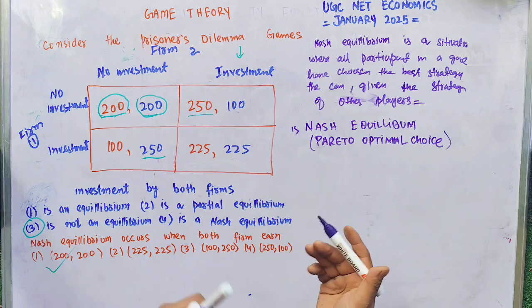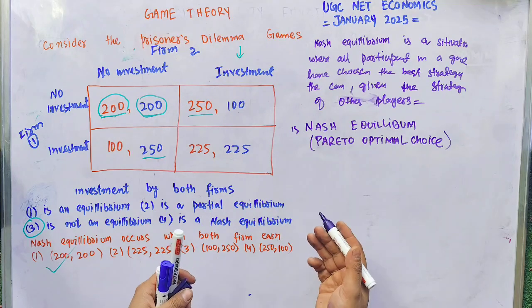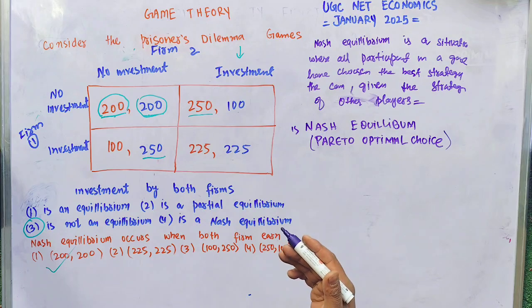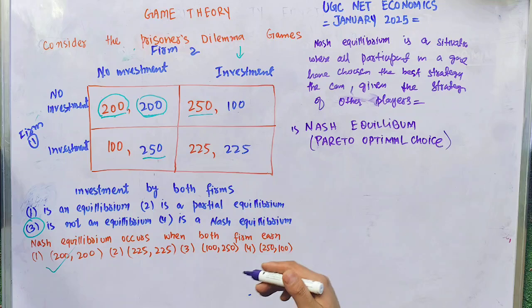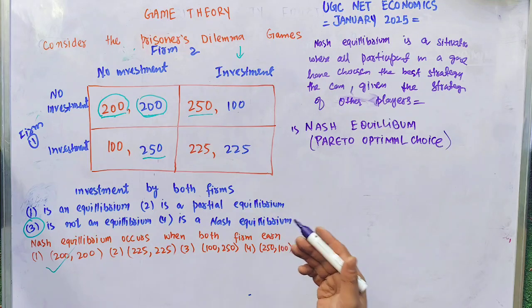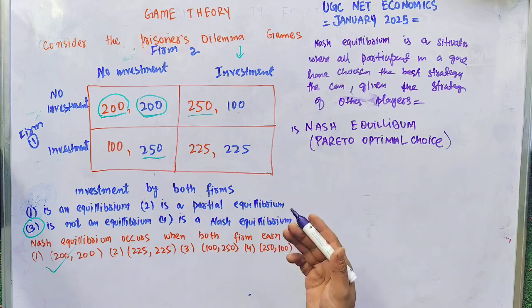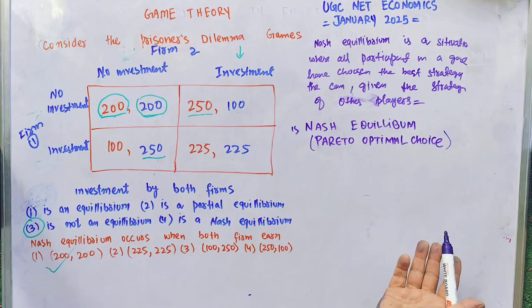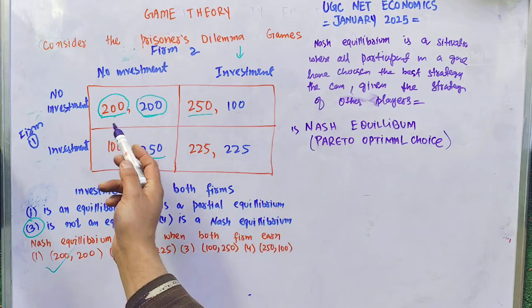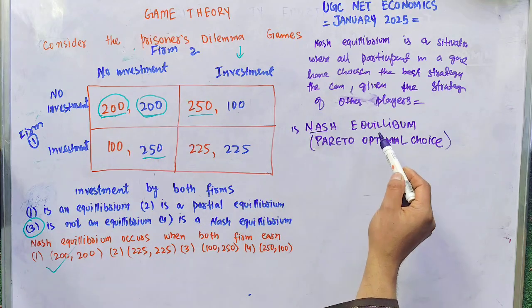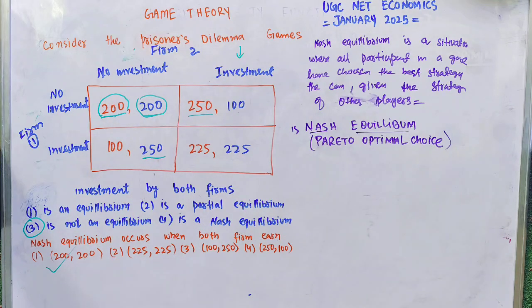We say a situation is Pareto optimal or Pareto efficient when we cannot increase the satisfaction of one player without decreasing the satisfaction of another player, or we cannot make one person better off without making another person worse off. Is the Nash equilibrium, this strategy when both the firms choose no investment, Pareto optimal? Let us find out if we concentrate.